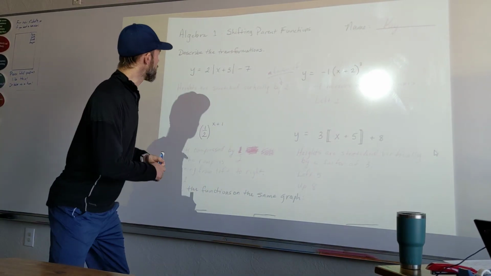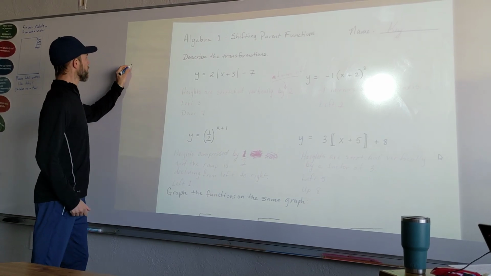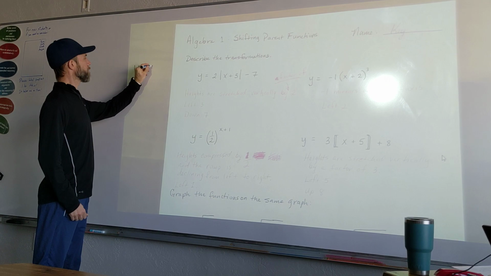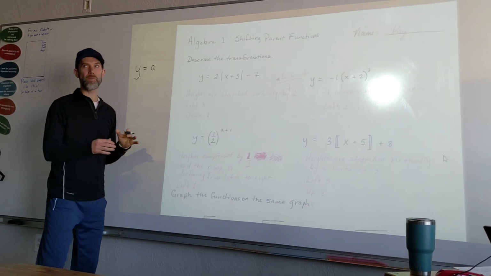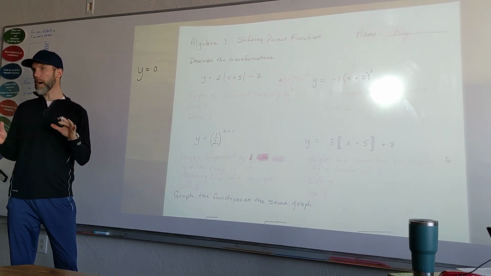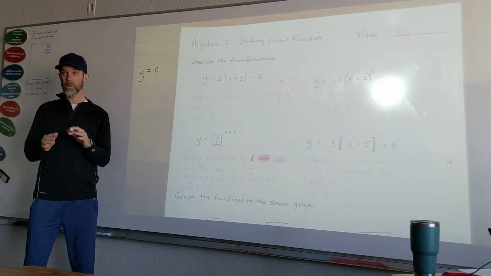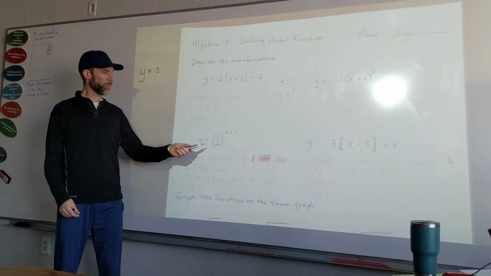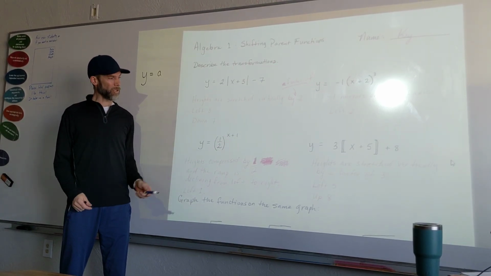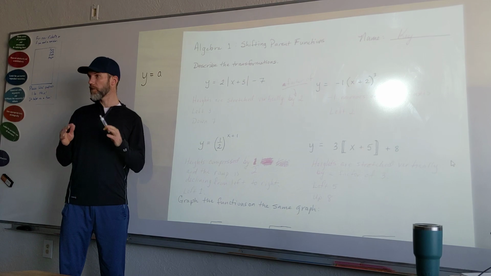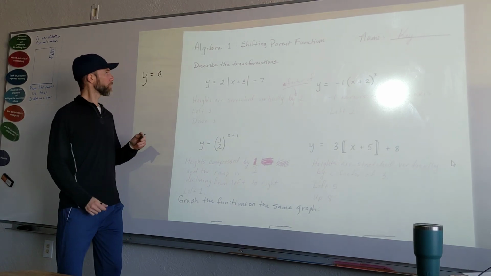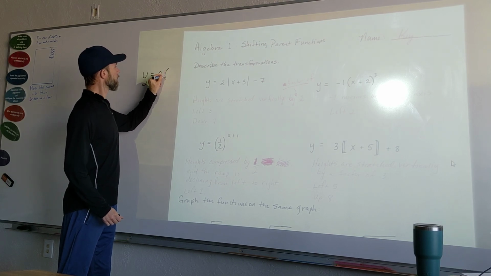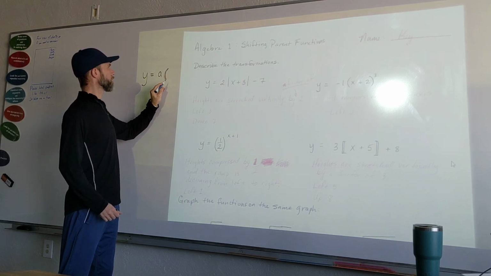So I want us to take a look at just the general form. If we have a function, then we can have a multiplier up front, and then we have some sort of operator. That could be a square root, absolute value symbols, a double bracket like that, an exponential like this, or even a fraction. There are different operators in math. So we have A, and then some sort of operator, I'm just going to use parentheses for a general operator.